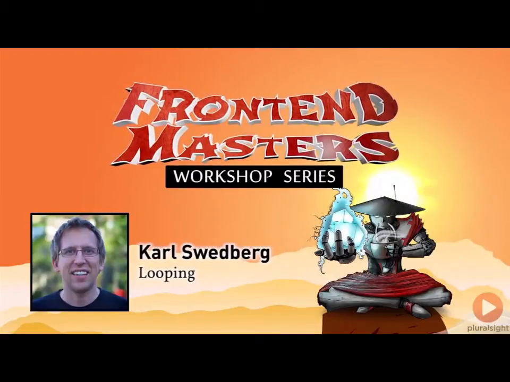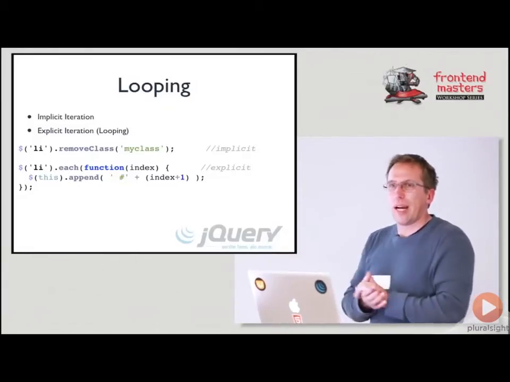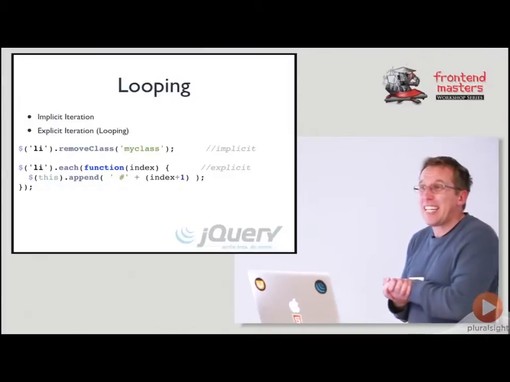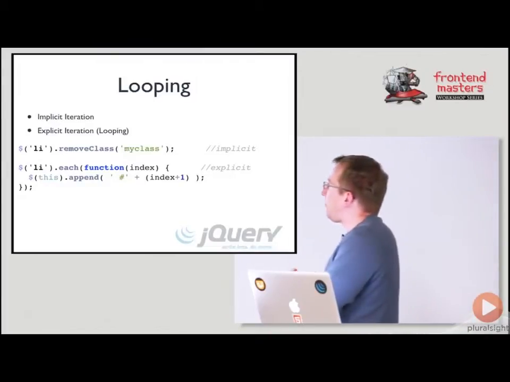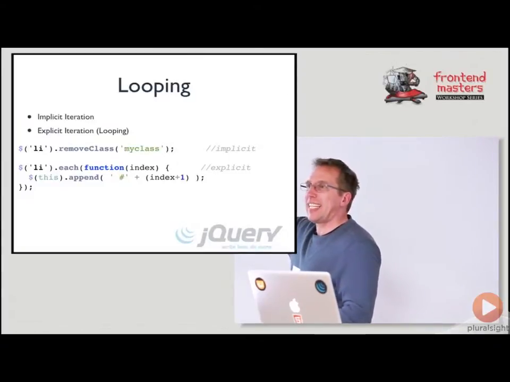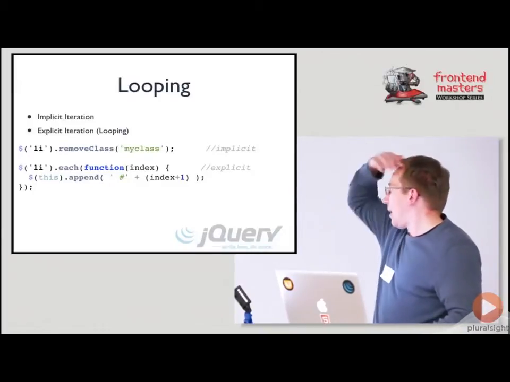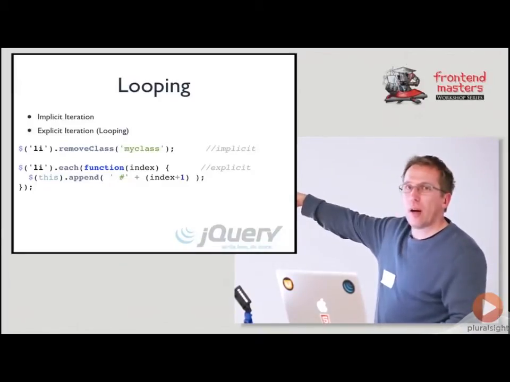Here is how, with jQuery, you can do explicit iteration. Often you don't need to, but if you do, you can use an each method, okay? And it takes a function as well.